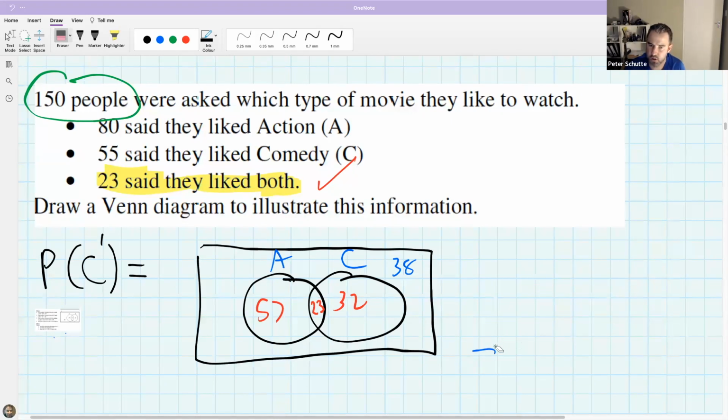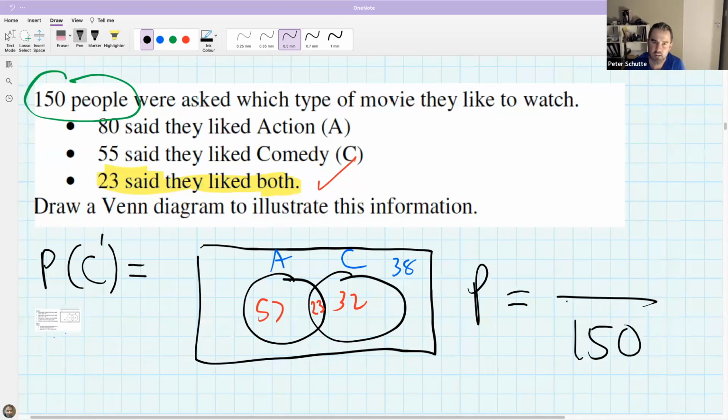So for this one, we know there's 150 students that are being asked, but how many of them would not say that they like comedy? How would I work that out?